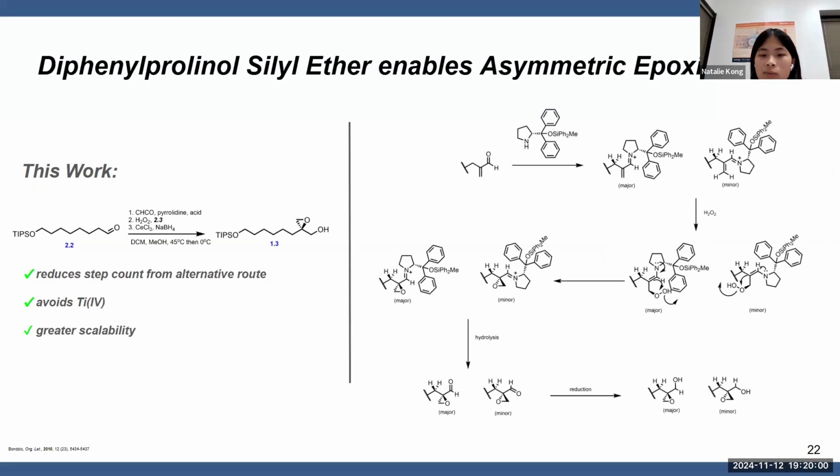However, when it reaches this step over here, instead of doing the reduction, we leave it with the prolinol catalyst, and after the addition of hydrogen peroxide, the R epoxide is favored as the major product. And once again, after protonation and hydrolysis, we get our favored epoxide as the intended product.